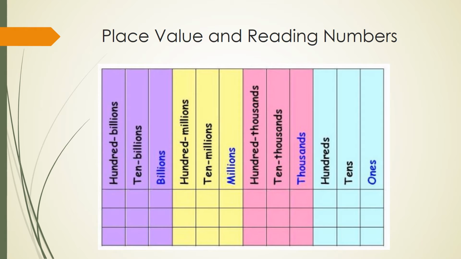Because after each group of three, or each period, is where the comma goes and that you say the name of that period. So if there were digits in the billions place, you might say 112 billion, 604 million, 563,248. The ones period is the only period that does not have the name said after it.